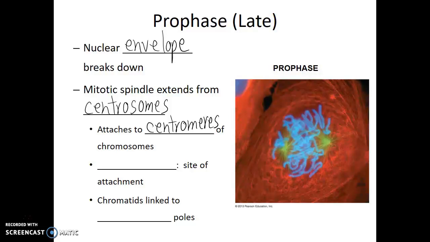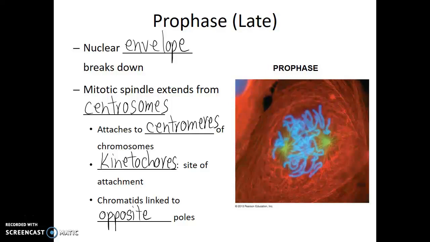In fact, there's a specific region on those centromeres which the microtubules attach to, and those are the kinetochores. This is going to happen with microtubules coming from each centrosome. And so in this way, each of these duplicated chromosomes are going to be connected to both poles, and the sister chromatids are going to be linked to opposite poles. One side of each duplicated chromosome is connected towards each pole of the cell.